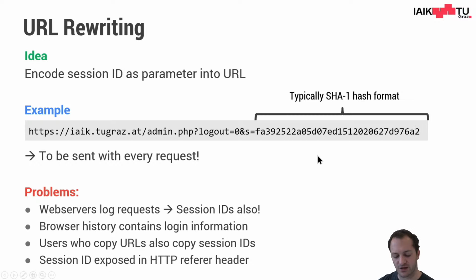This is something you actually see in practice, that a session ID can look like a SHA-1 hash of whatever information. And then the website would just include it in every request. So in a setting where no cookies are allowed, or if browsers would block cookies, this would still work. Because the session ID would be embedded in all the websites loaded and all the resources loaded from a website. So managing this would be the responsibility of the web server owner.